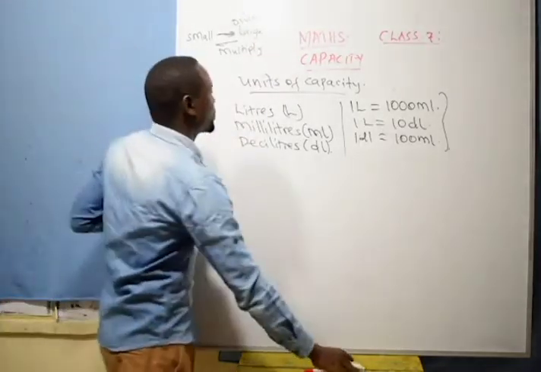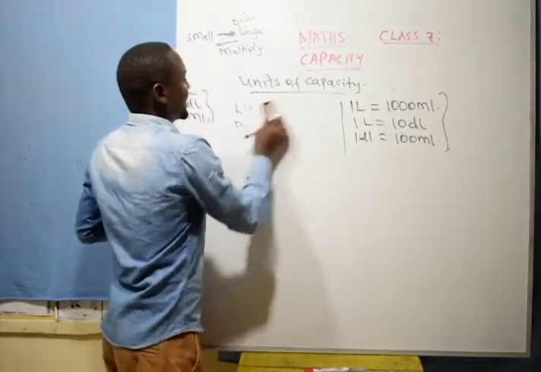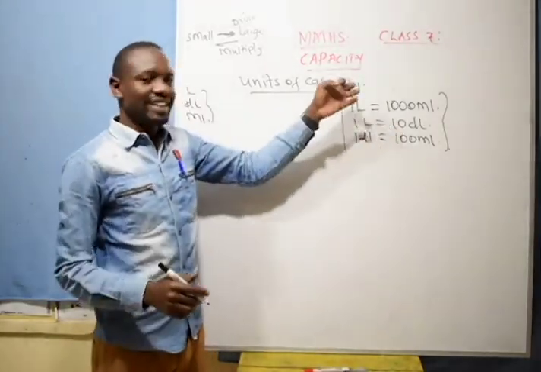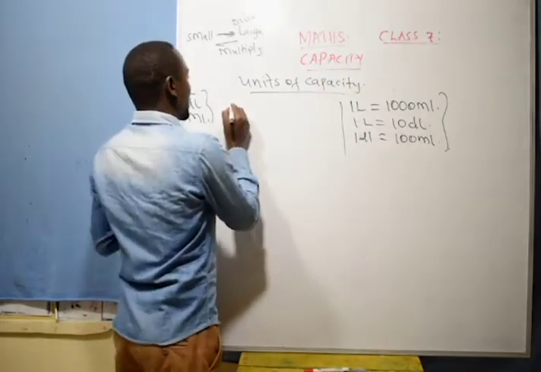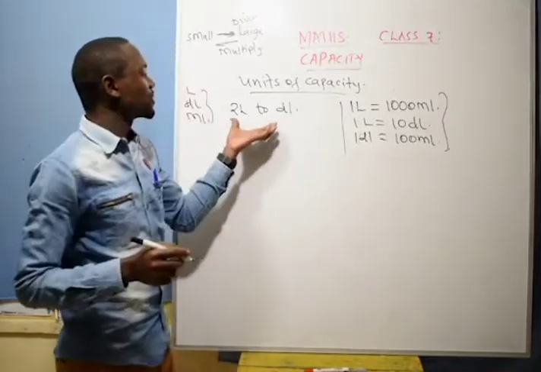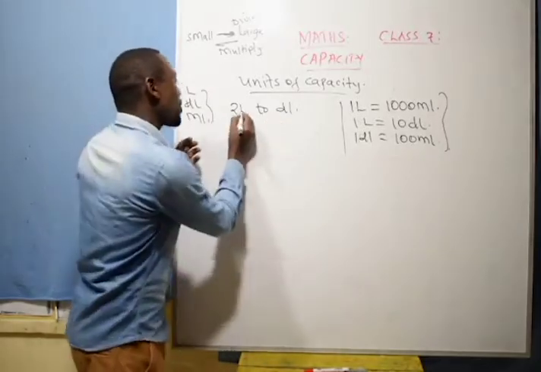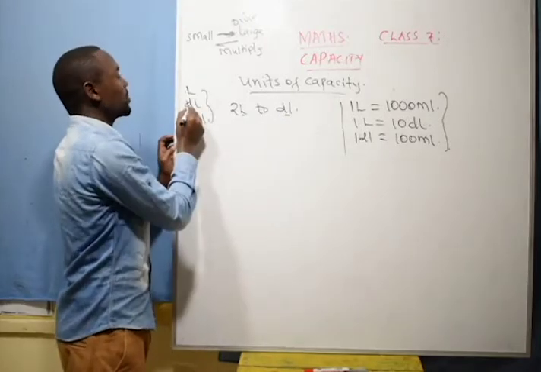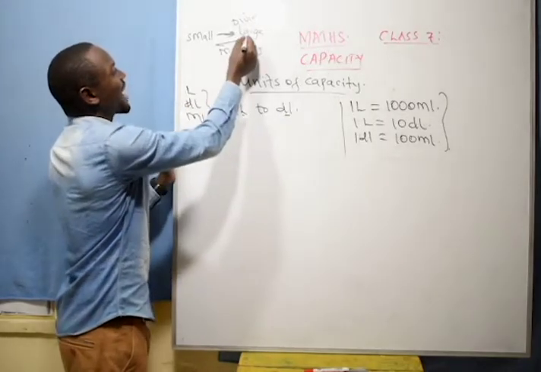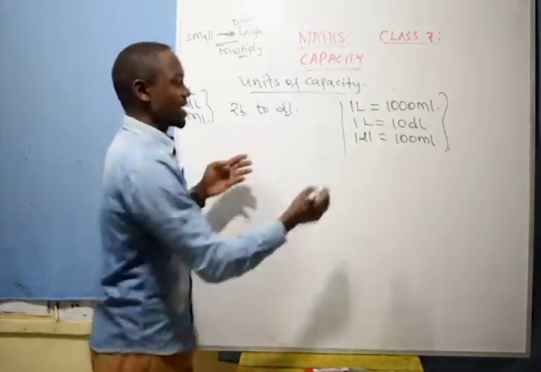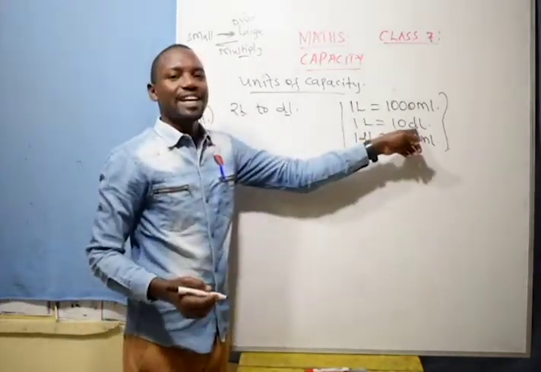For example, you are told to convert 2 liters to deciliters. We are converting from a large unit to a small unit, so we multiply. 1 liter is equivalent to 10 deciliters.